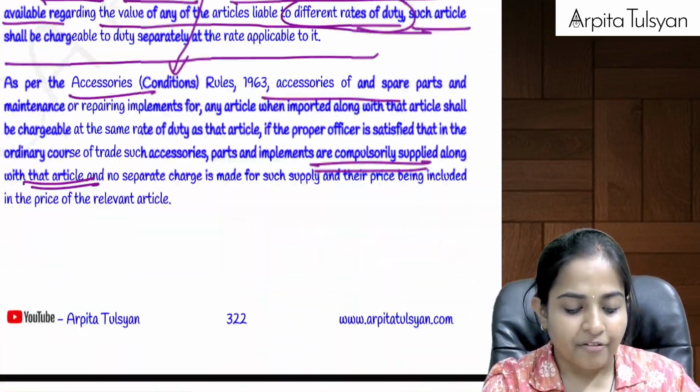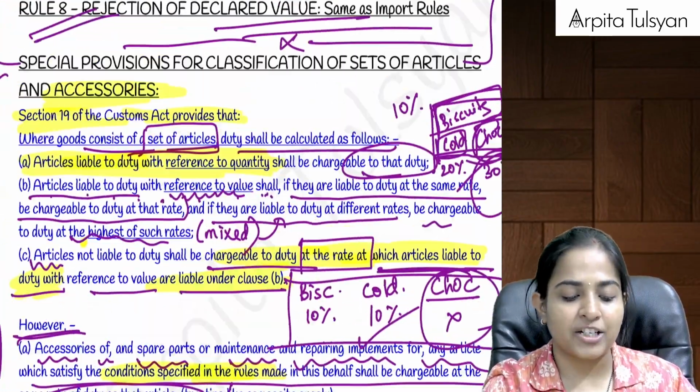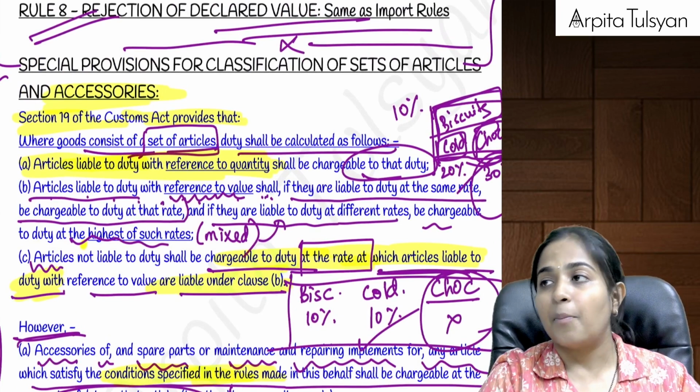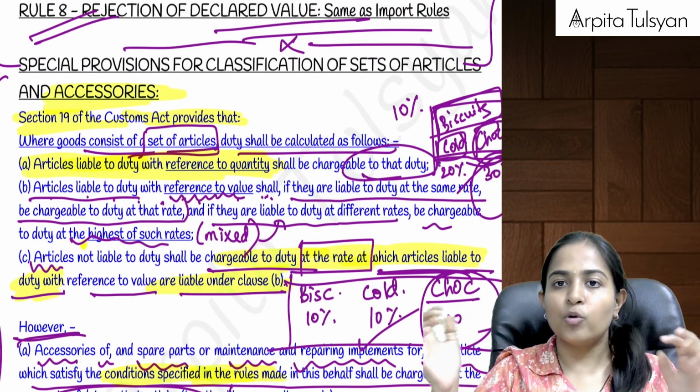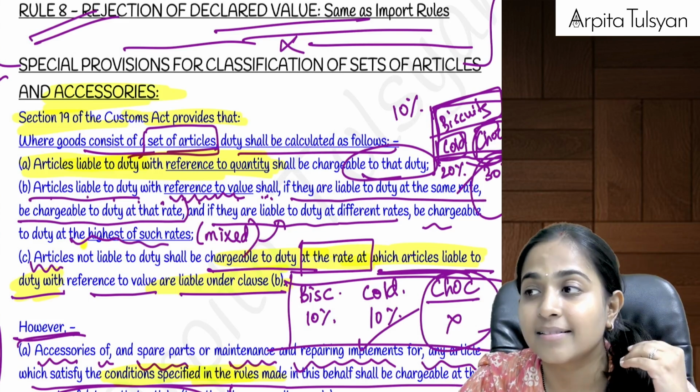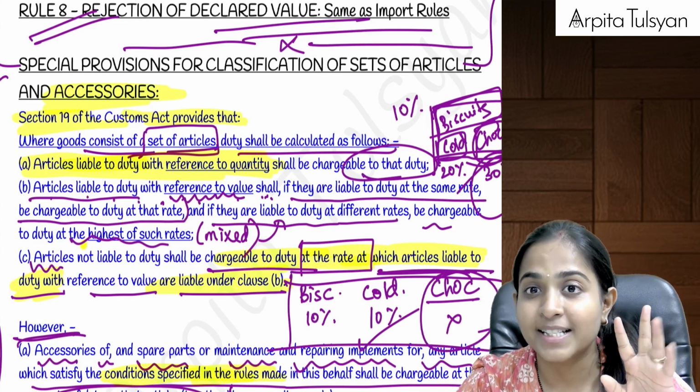Yes. Then after that, the last section, that is section number 19, which talks about parts, accessories and the set of articles. Now, just relate it with your mixed supply and composite supply. Remember?